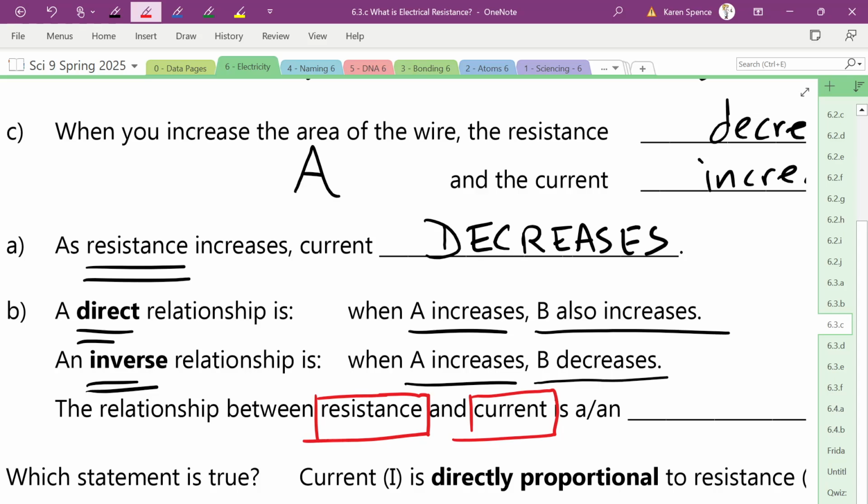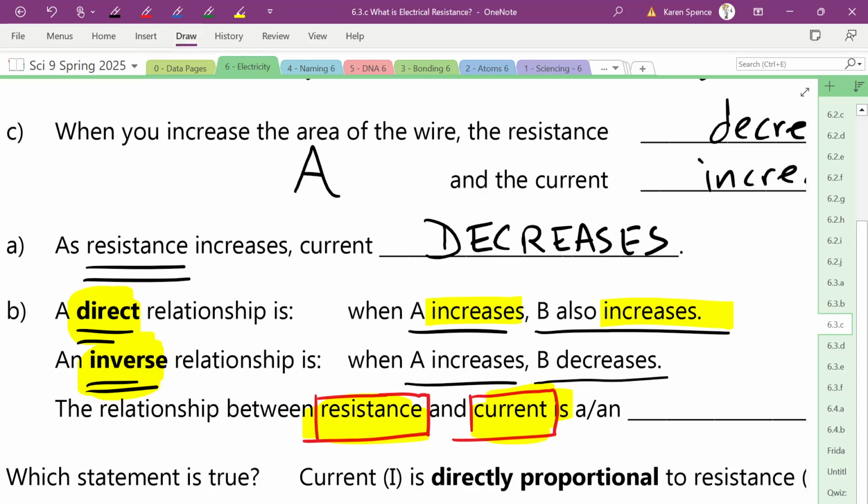Have a chat with your neighbor about that. Is the relationship between resistance and current direct or inverse? If it's direct, an increase in one leads to an increase in the other.